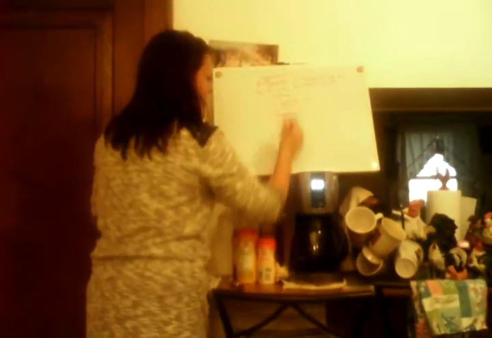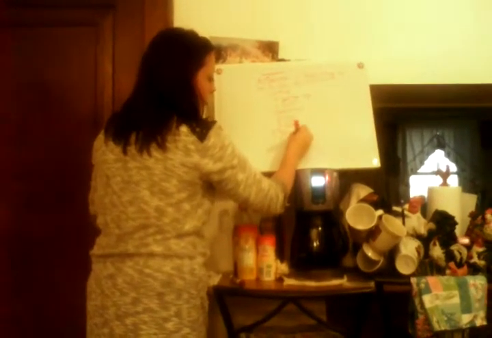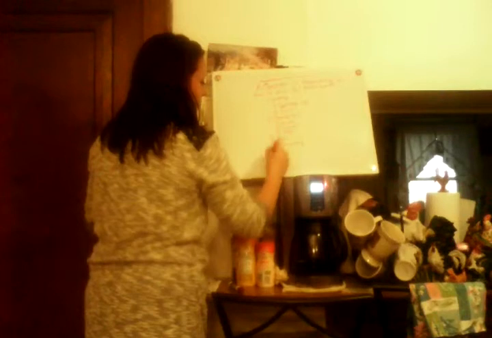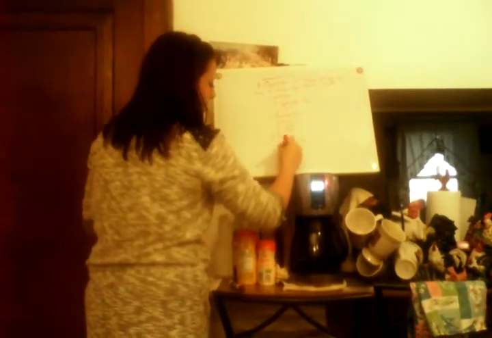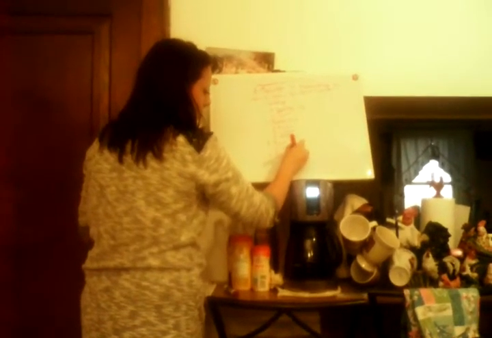Okay, 3, you're gonna have your plot. So what's happening, your tension. Plot is he's boycotting. Your 4 is description. And your vocab words are going to help with this.